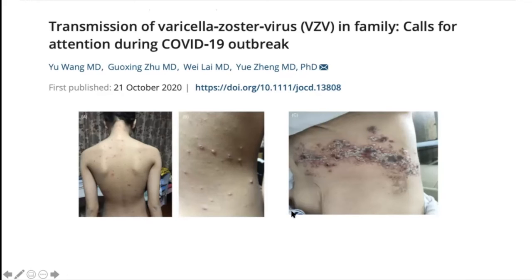And the other one is a 3-year-old child, and his sister who also developed lesions on the trunk after being exposed to their grandfather. So three generations of their family, the children, the parents, the grandparents, lived in the same residence.